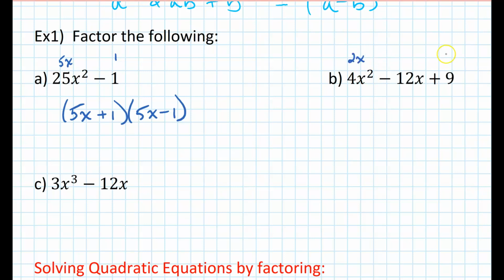The square root of 9 is 3. And then I want to come back and look to see if I take 2 times 2x times 3, am I going to get 12x? Yes. Okay, so the only thing I need to take into consideration though is that it's a negative. So that means when I go to do the factorization, it's going to become 2x minus 3 quantity squared.